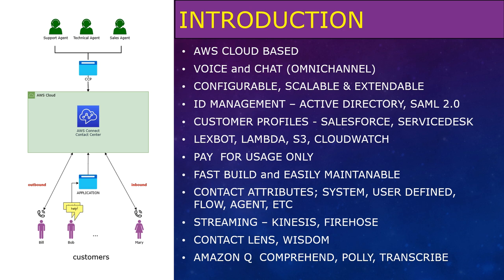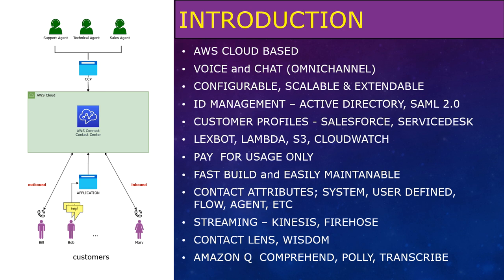And like I mentioned, the next bullet is like Amazon Q, Comprehend, Polly, Transcribe. Polly does text to speech, so you can get good voices talking to your customers. Transcribe takes the sound files from a call and gets paragraph text, so the text could be analyzed by AI and determine what the customer is trying to do.